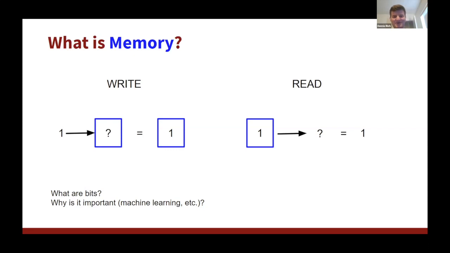But this isn't a talk about machine learning. But the pertinent feature of machine learning is that it uses a ton of memory. The more memory it uses, the better. And so the better we can do memory, the more machine learning we can do. Now, of course, there are many other applications of memory, but that's probably the big one today.